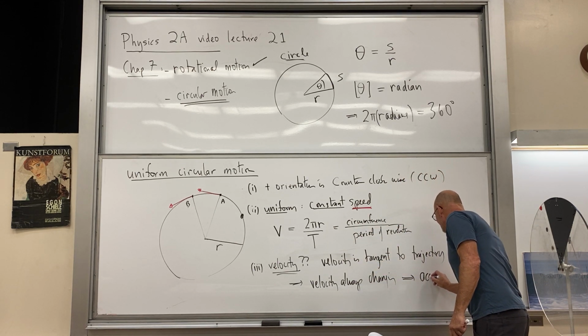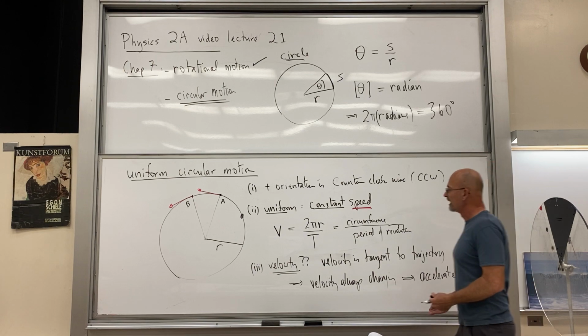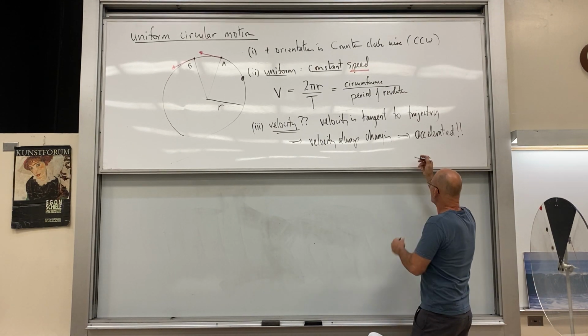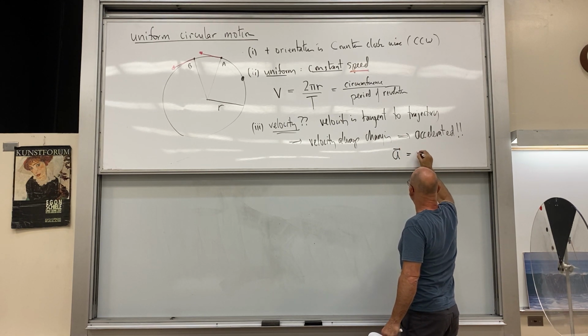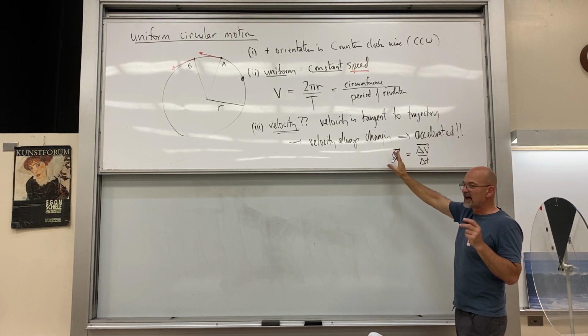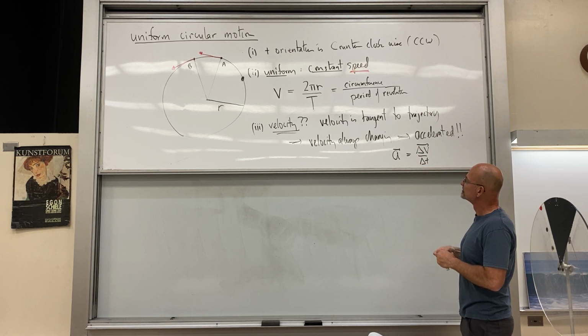So it's accelerated motion, and I'll just put right here, we could even say acceleration is equal to delta V divided by delta t, right? And the limit for calculus, but otherwise is the change in velocity over the change in time.